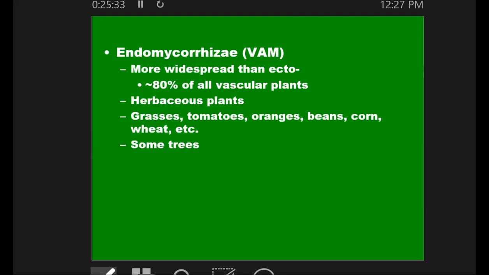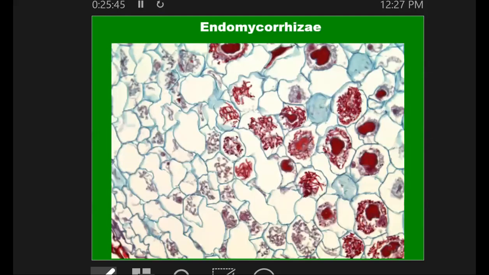Unfortunately, there's a lot of literature out there that explains this group a little inappropriately. So I want to make a very careful clarification so that you can be the ambassador and let people know that it's not exactly true what they're saying. This is a microscope image of root tissue, and the endomycorrhizae are stained red.